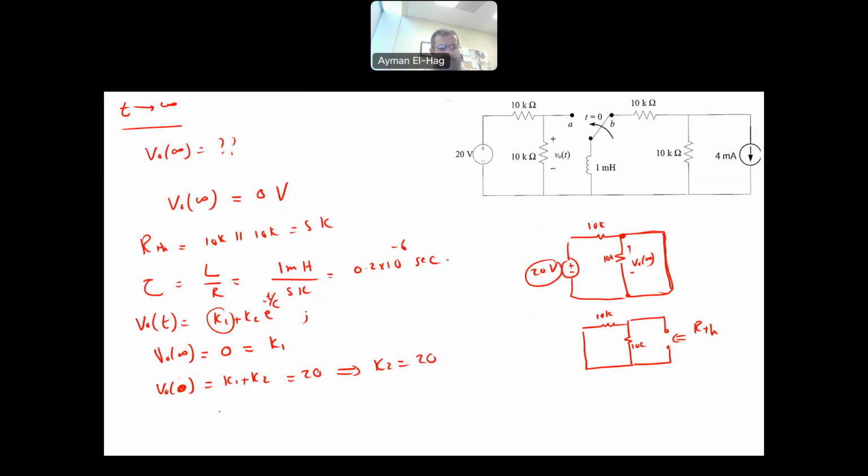We have the time constant, so we are set. Your V0 of t is equal to K1, which is 0, plus K2, 20, e to the minus t over 0.2 times 10 to the minus 6, which equals 20 e to the minus 5 times 10 to the plus 6 times t. That is your V of t in volts. This is the function of the voltage across this resistance.